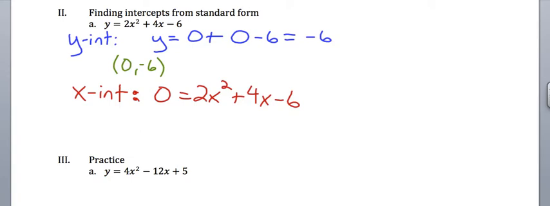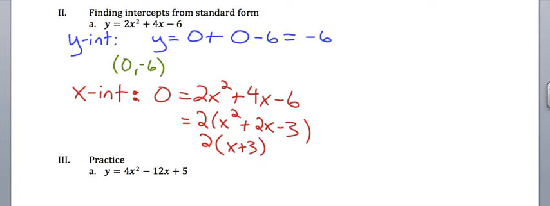I'm going to solve with factoring because I see a nice GCF here, so I want to see if that works out first. So I'm going to factor out a GCF of 2. And then sure enough, what I have left there does factor into x plus 3 times x minus 1.